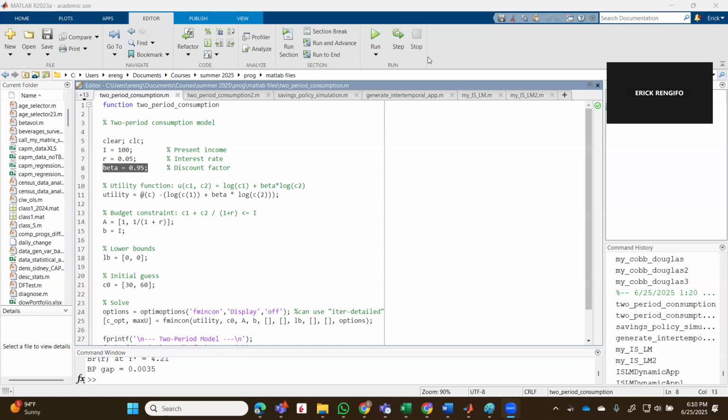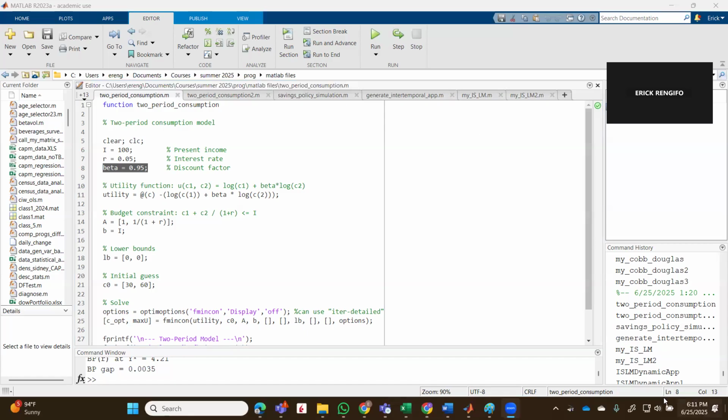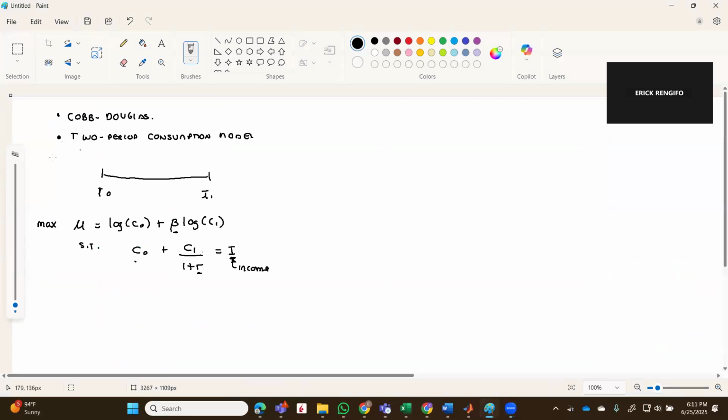Okay, do you have the file, guys? Yes. Okay, perfect. Open that file and remember the model looks like this. So basically you need to identify this function.